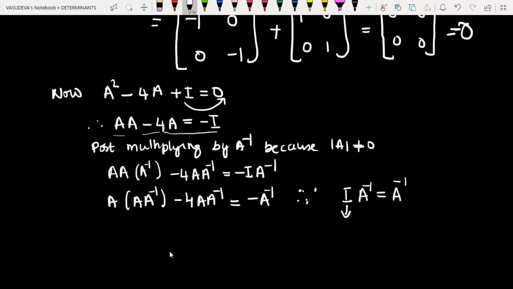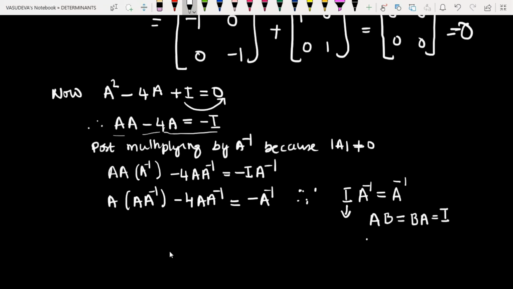I is the identity matrix. Now a square matrix A is said to be invertible if there exists a square matrix B of the same order such that AB is equal to BA is equal to I, that is the definition of invertibility of matrices.